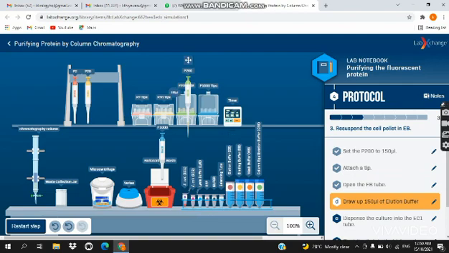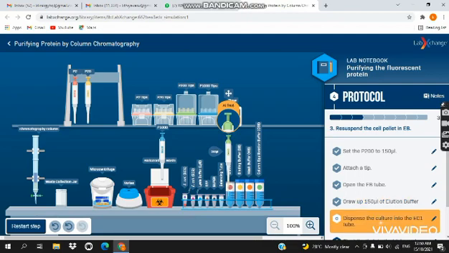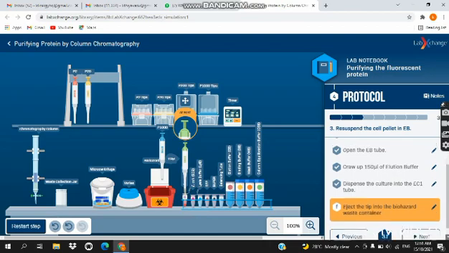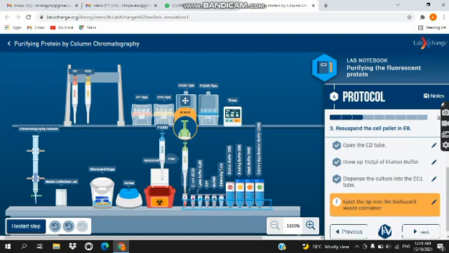Draw up around 150 microliter and dispense into the EC1 tube. After dispensing into the EC1 tube, attach the tube.